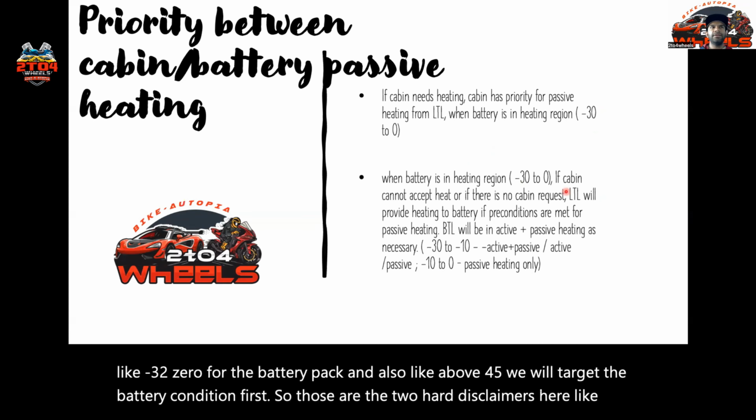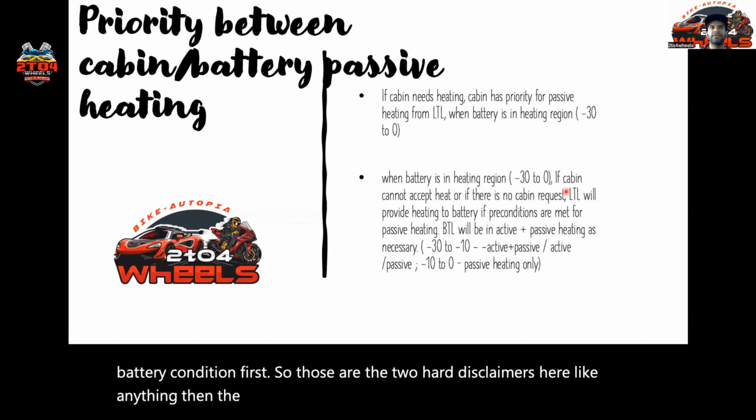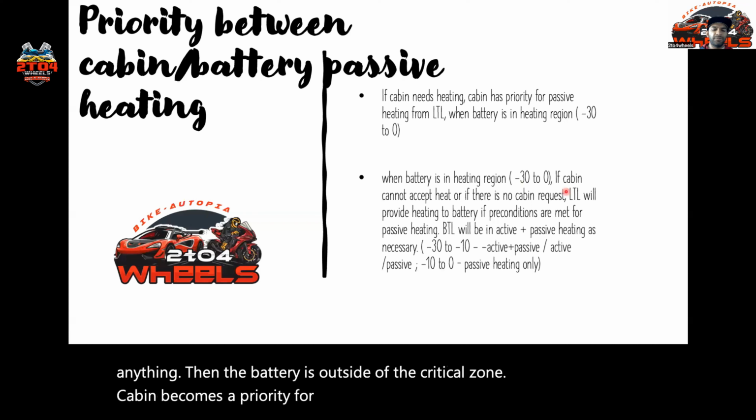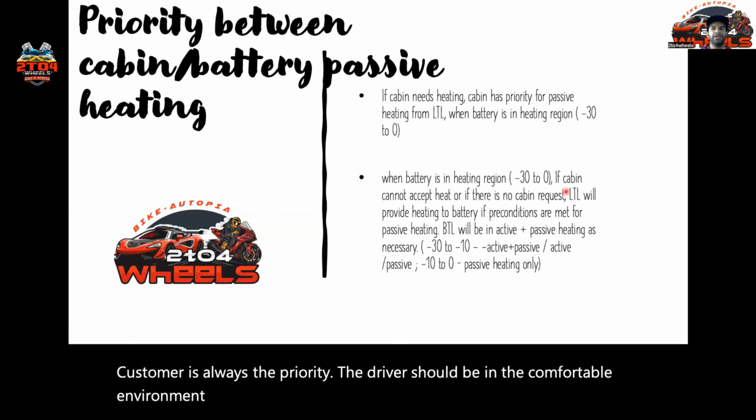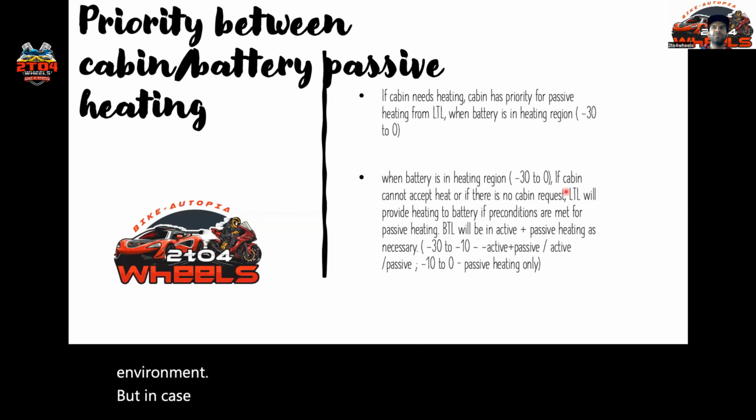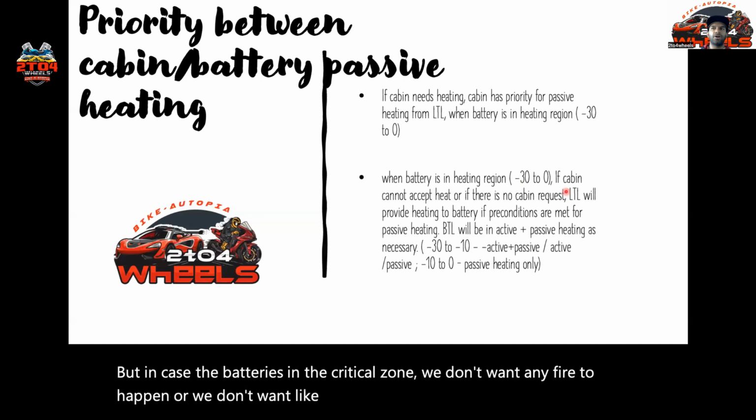Anything when the battery is outside of the critical zone, the cabin becomes a priority for us because the customer is always the priority. The driver should be in a comfortable environment. But in case the battery is in the critical zone, we don't want any fire to happen or we don't want the range to automatically suppress from the battery. So we give the battery the priority.